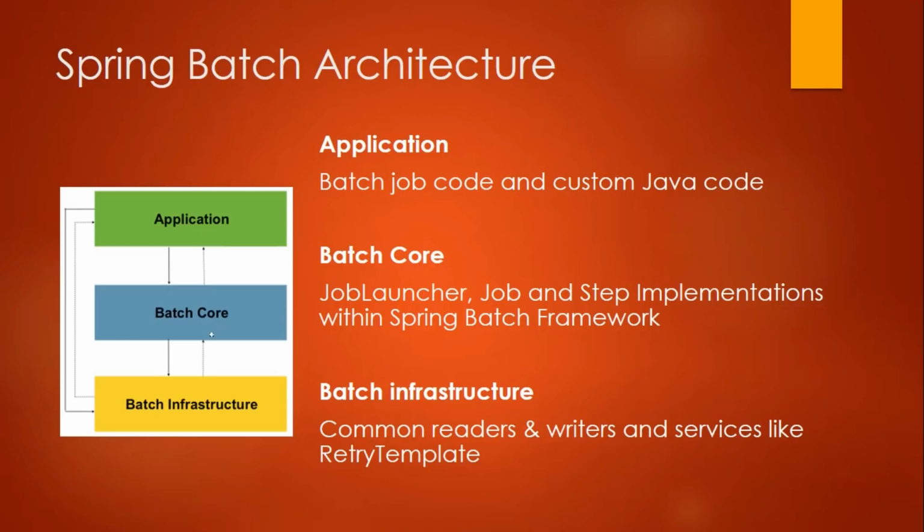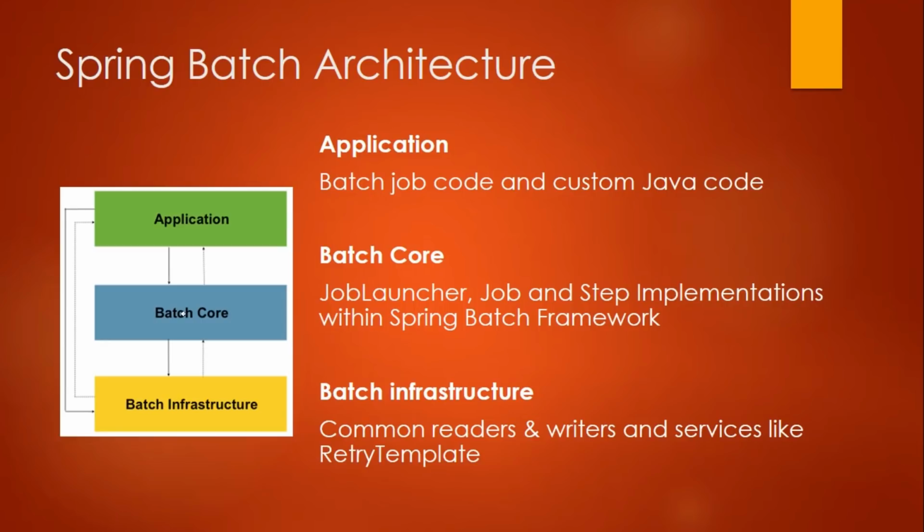And what exactly is batch core? Batch core is nothing but Spring Batch provided implementations, for example, job launcher, job, and step. These implementations you can find under the Spring Batch framework, and this actually resides inside batch core.